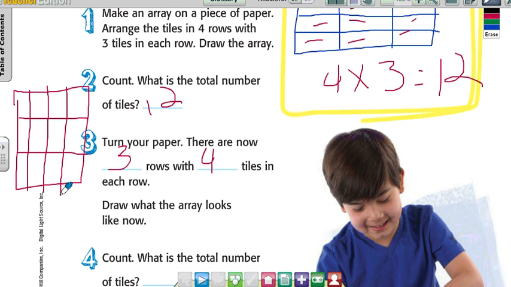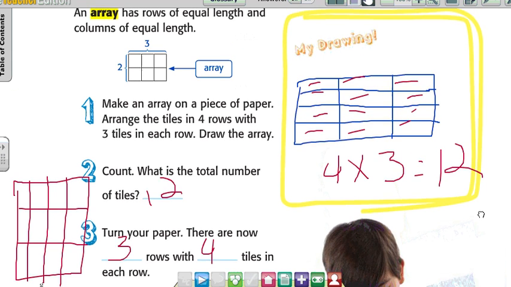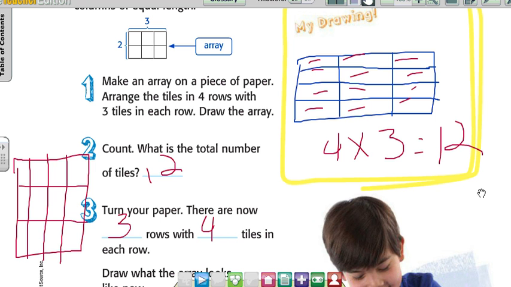12. Because here I had 4 rows with 3 tiles each, right? Here I have 3 rows with 4 tiles each. 4 times 3 is the same thing as 3 times 4. Does that also equal 12?